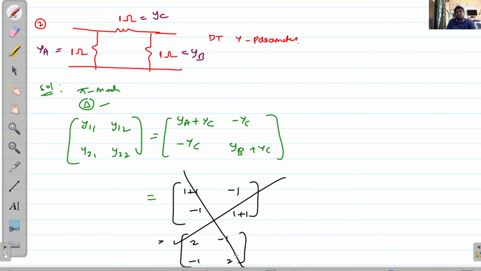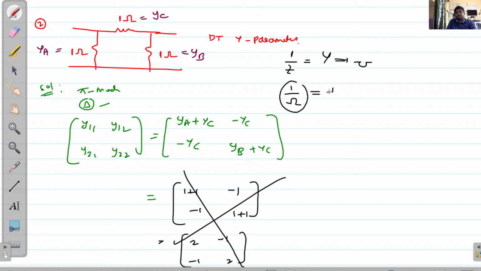Why? Because here I am providing ohms, but admittance we always indicate in mhos, not ohms, right? Admittance is measured in mhos because Y equals 1 by Z. 1 by ohm, what can you represent?